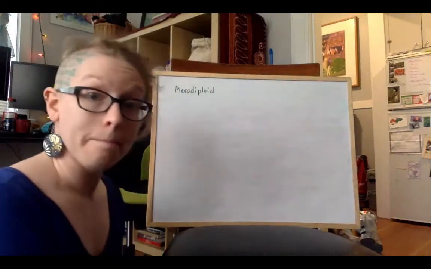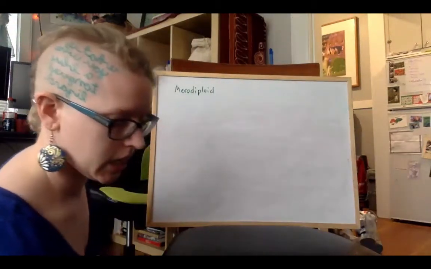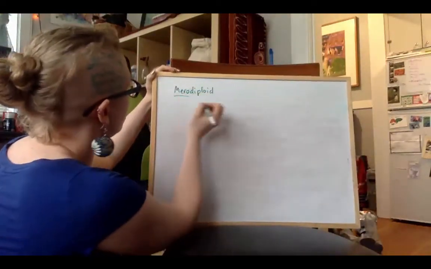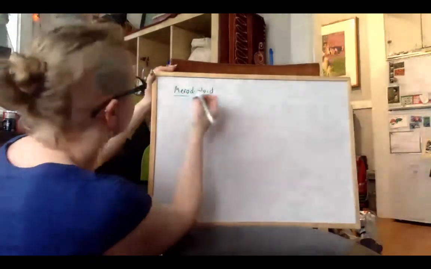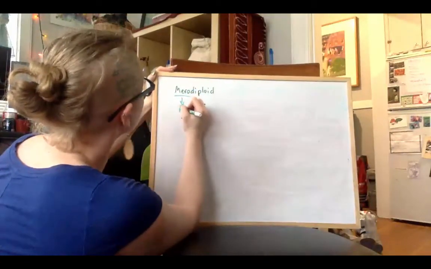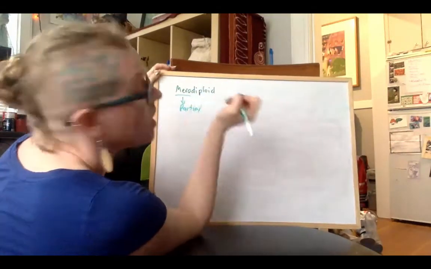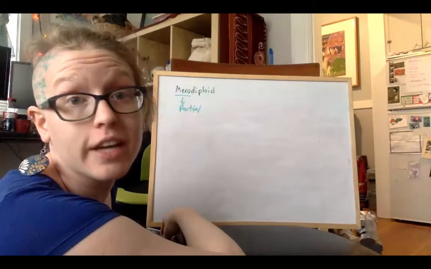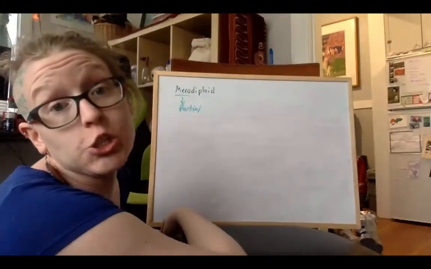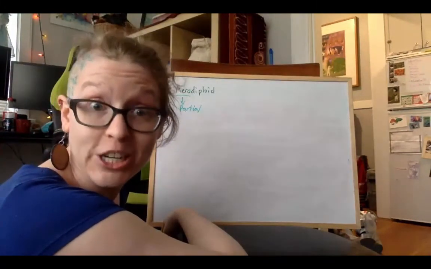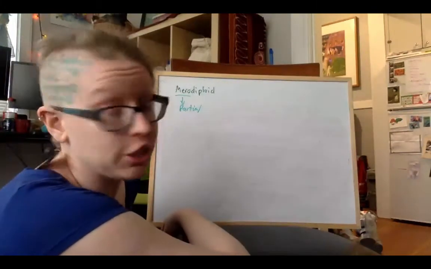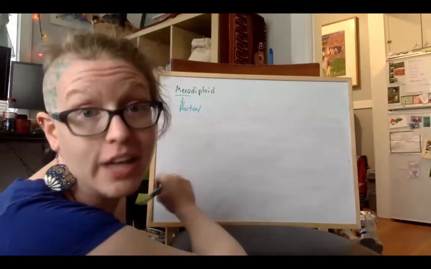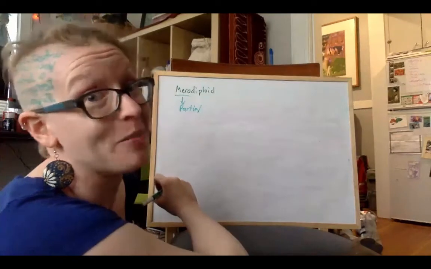All right. Merodiploid. Mero means partial. There is no common use word that starts with mero. I couldn't find it, but it is right next to the word mermaid in the dictionary. They do not share an origin. However, mero means partial, and a mermaid is half of a maid.